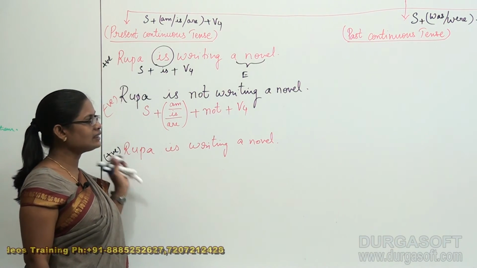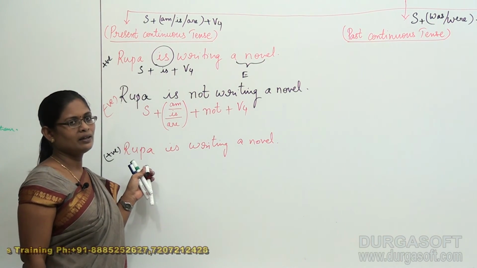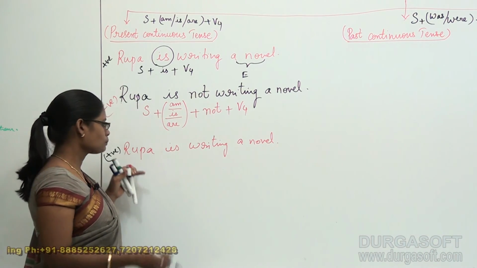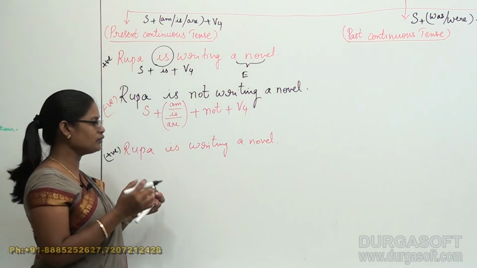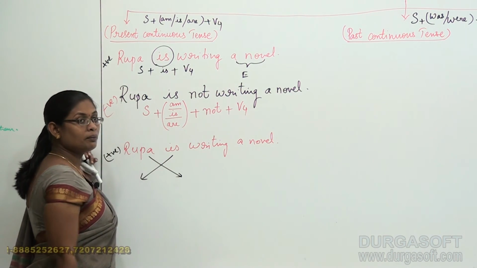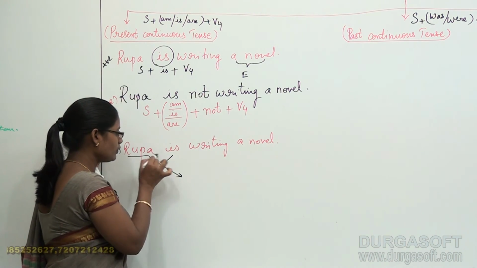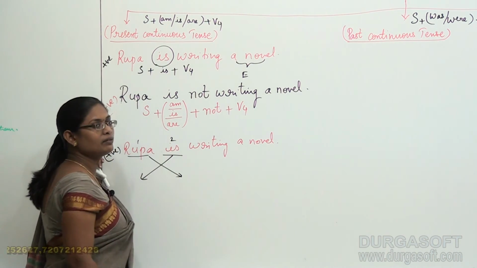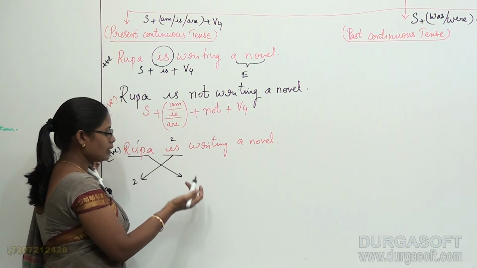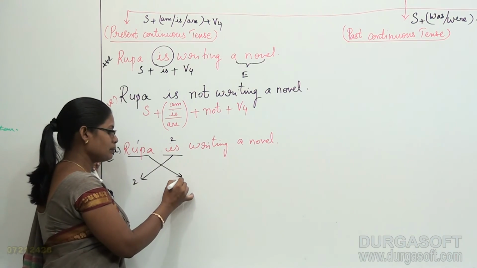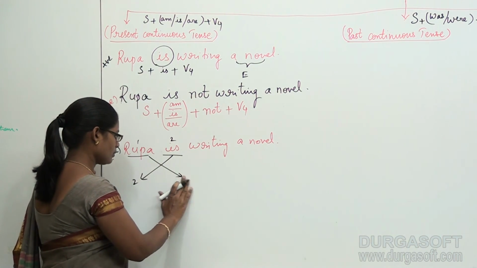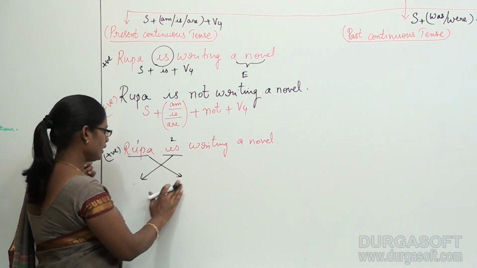When we are converting this into a questioning sentence, a very simple technique I already told you in our previous sessions, that we just have to interchange the places of the words. We just have to interchange the places of the first word and the second word. Then this place is occupied by the second word, and beside the second word the place is occupied by the first word. So as your observation, what is the second word here?